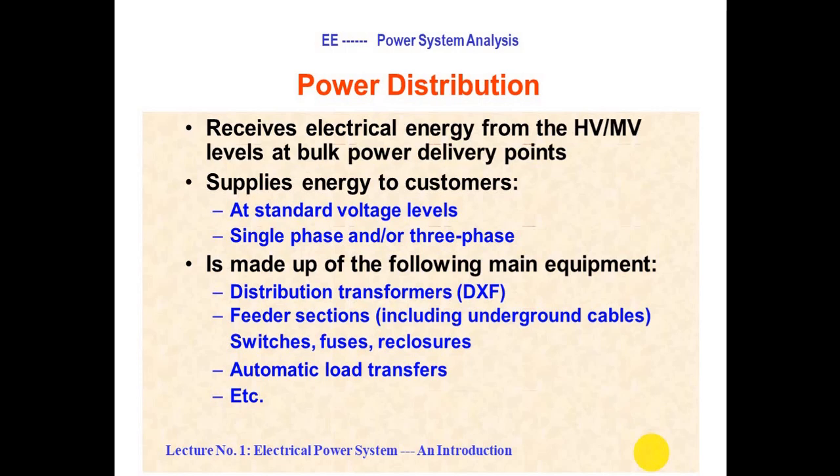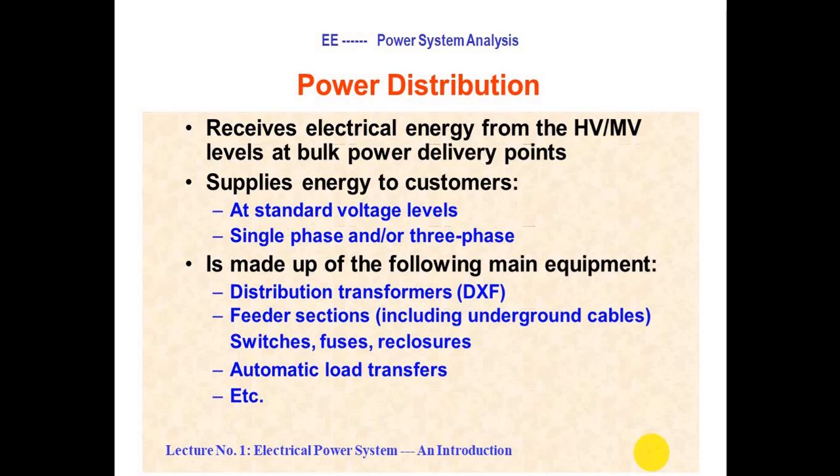And the power distribution part is made up of the following main equipment. The main equipment is the distribution transformer, which is used in the distribution substation to step down the voltage from 11 kV to 220 or 440 volts. Then feeder sections, including underground cables or overhead lines.